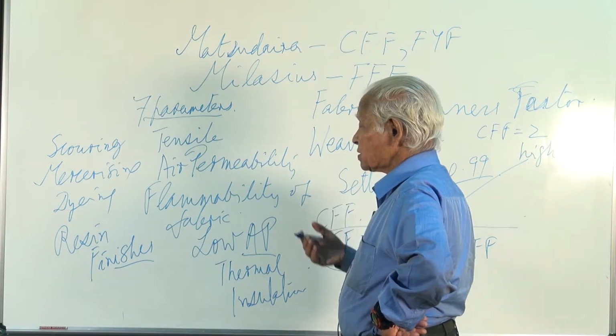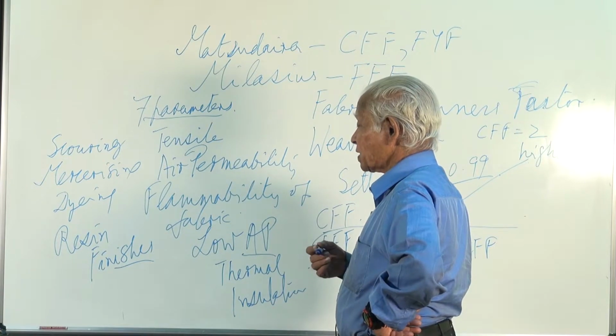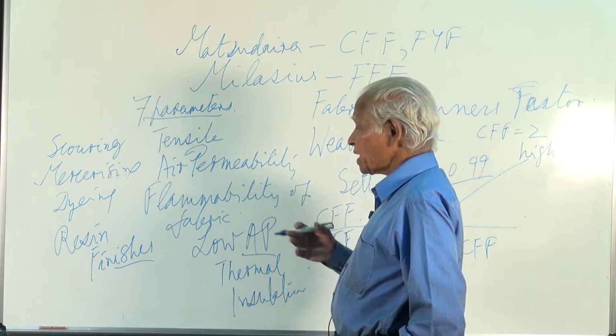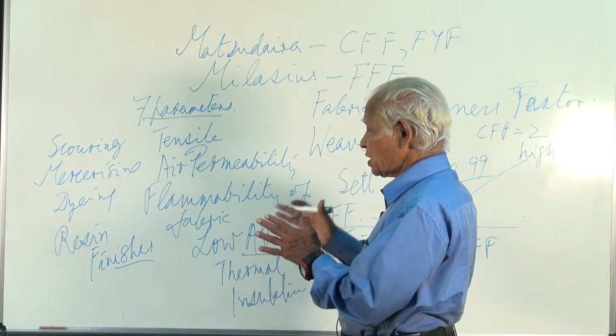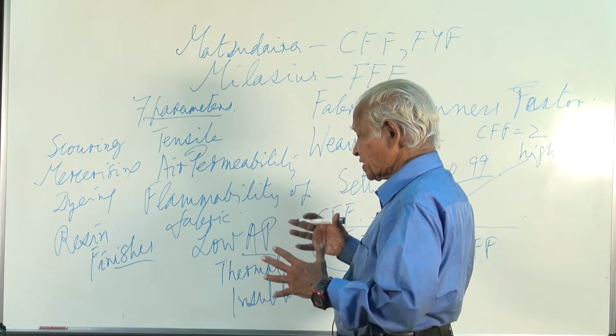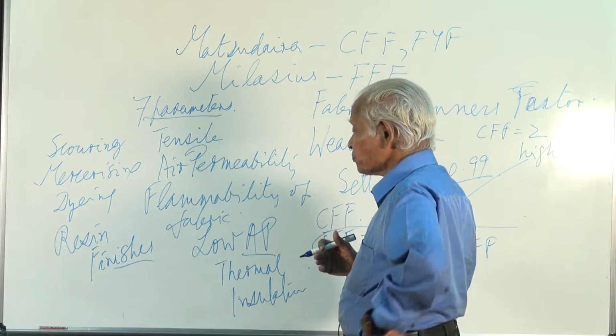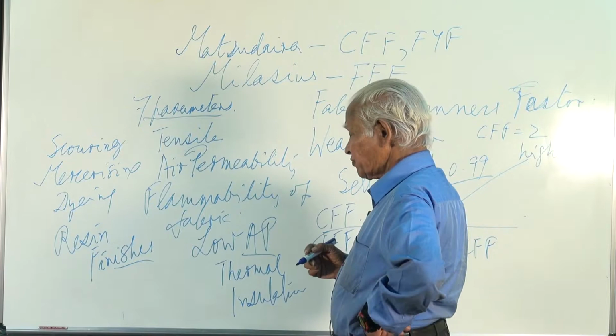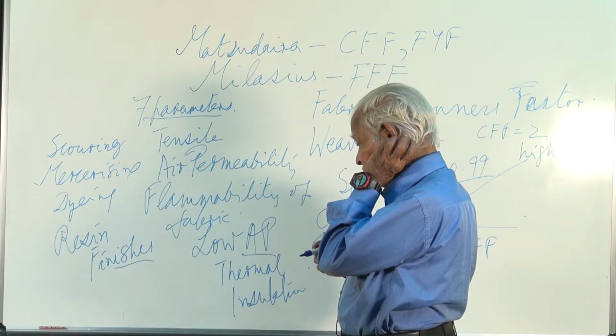Because when fabrics are subjected to wet processing treatments, their consolidation improves a lot. That means the air permeability will be reduced because of the closing together of the warp and weft yarns due to shrinkage, and that will affect the values of this CFF and also FFF.